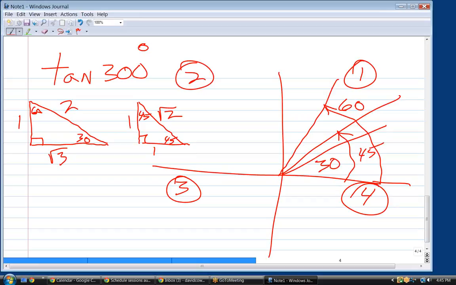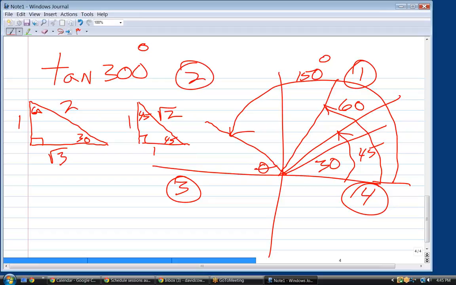Now, when they talk about a reference angle, let's say we had a 150-degree angle. Positive angles are always measured counterclockwise. The reference angle they're talking about is this angle that is made with the x-axis.